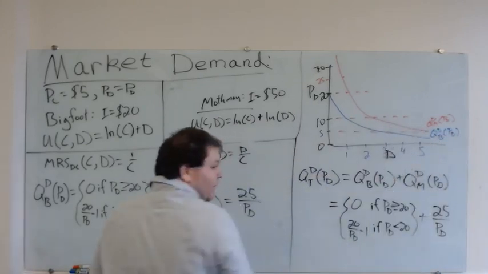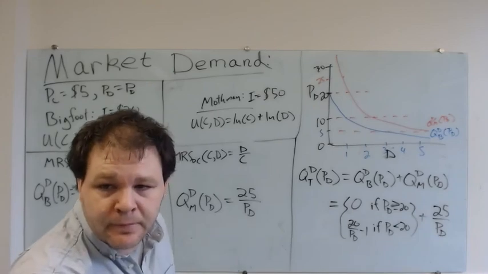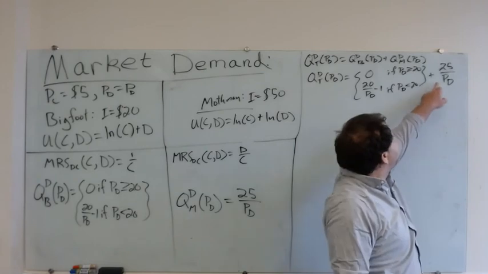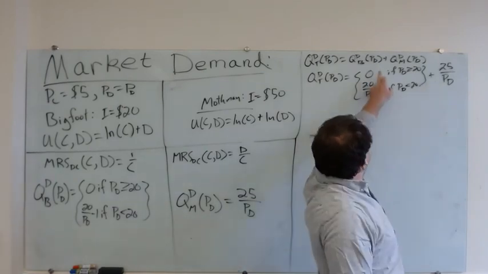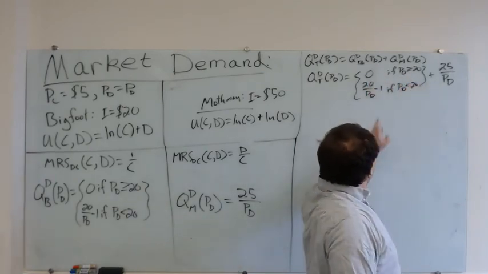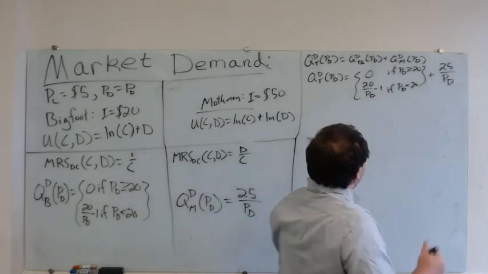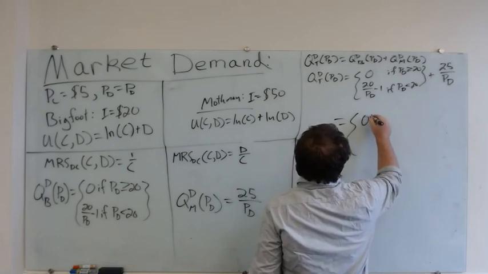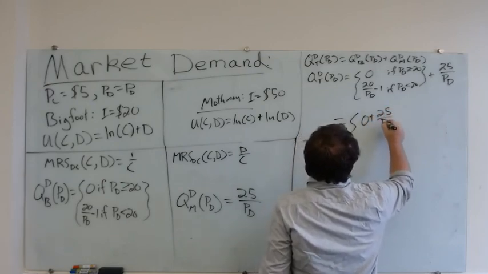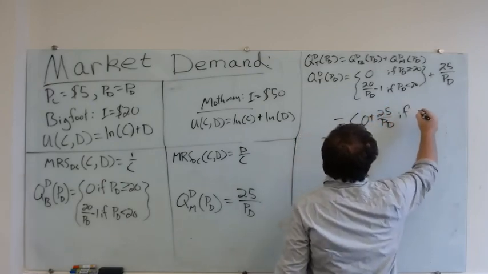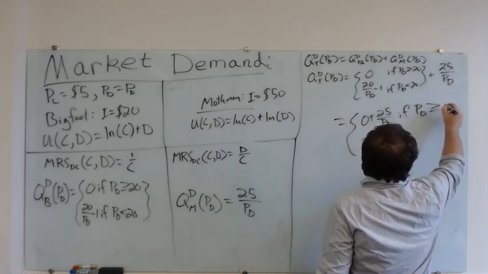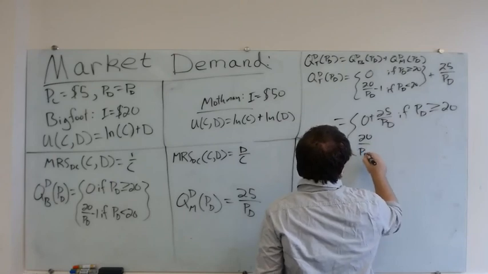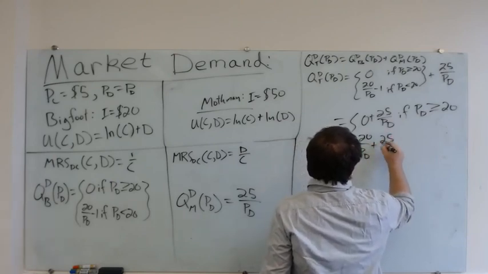So how are we going to deal with this math? Well, remember, 25 over PD is just 25 over PD whether PD is greater than or equal to 20 or less than 20. So we can say here, it's going to be 0 plus 25 over PD if PD is greater than or equal to 20, and it'll be 20 over PD plus 25 over PD if PD is less than 20.